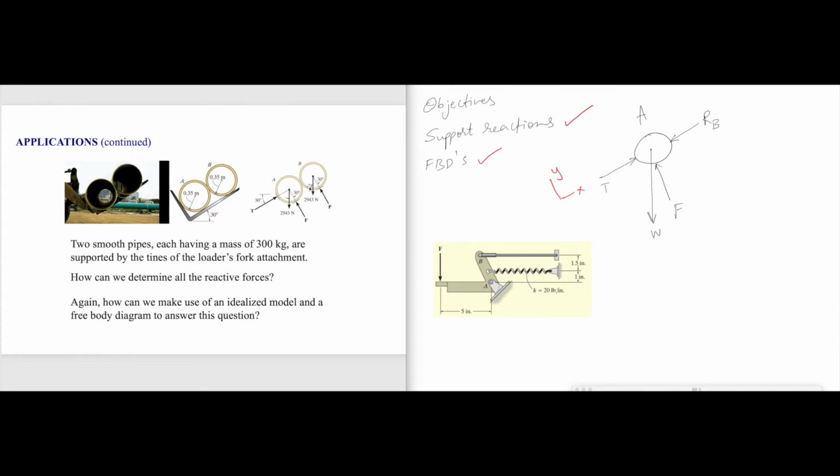So T is on positive x, RB is along negative x, F is along positive y, and W is the only force which is not along x or y, it's between them. Hence we have to give angles, especially for W, with respect to either x or y.